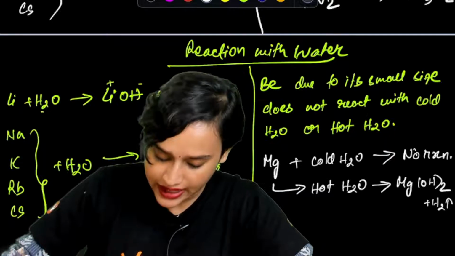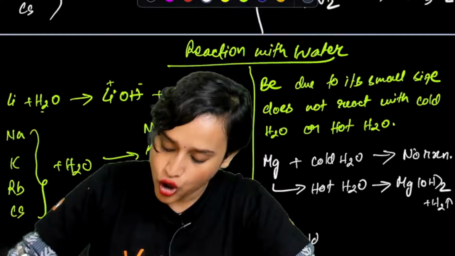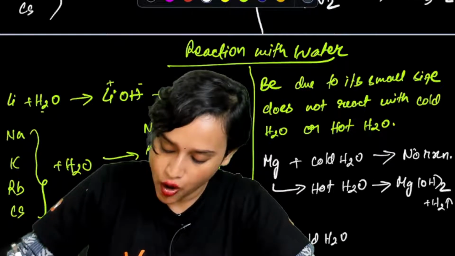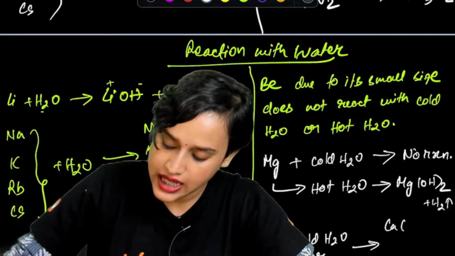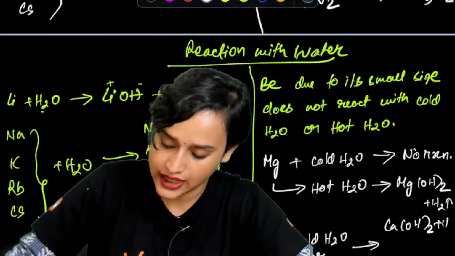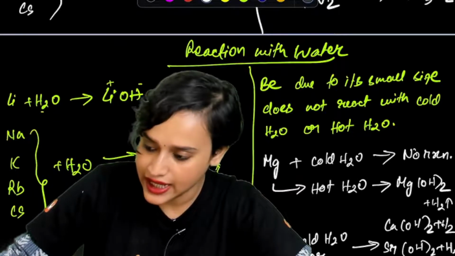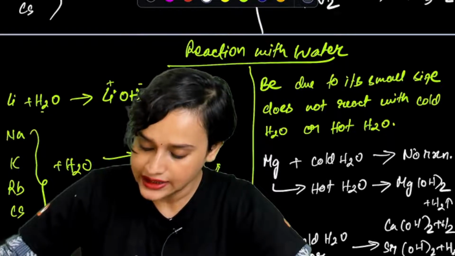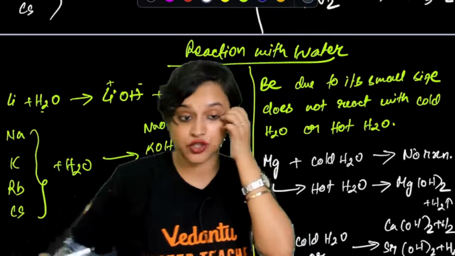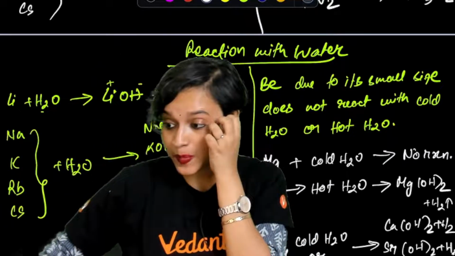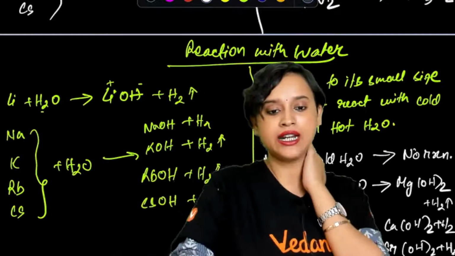Calcium, strontium and barium react with cold or hot water and give you Ca(OH)2 plus H2, Sr(OH)2 plus H2, and Ba(OH)2 plus H2. Yes, this is an exception, everybody. Is this clear?